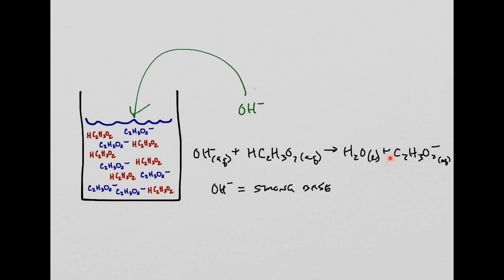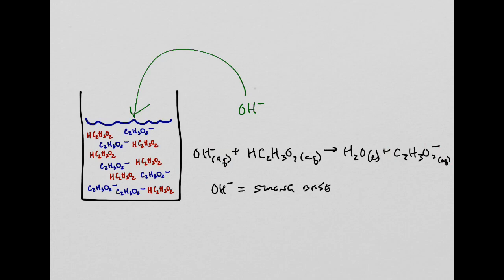This base, I'm sorry, right here, isn't nearly as strong as this base right here. So the hydroxide essentially overpowers the weaker of the two bases and forces the formation of the acetate ion.